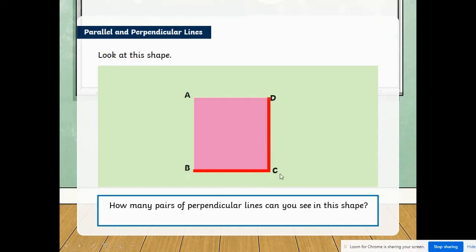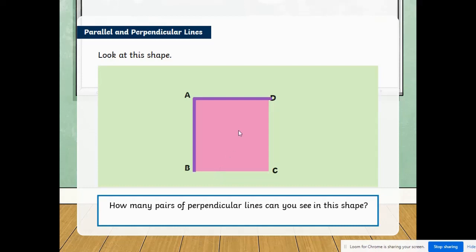Line BC is perpendicular to line DC. So this is the second pair. Line DC is perpendicular to line AD. This is the third pair. Line AD is perpendicular to line AB.